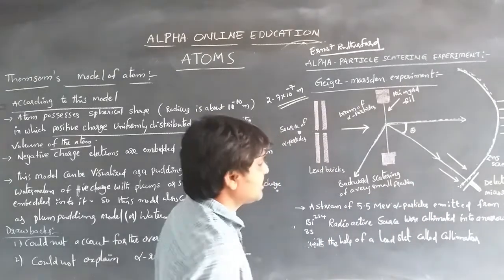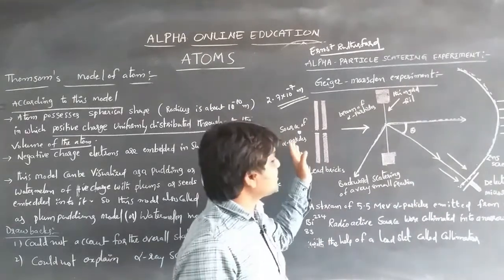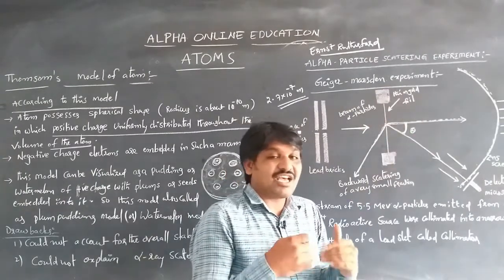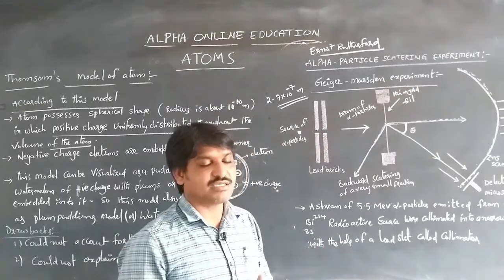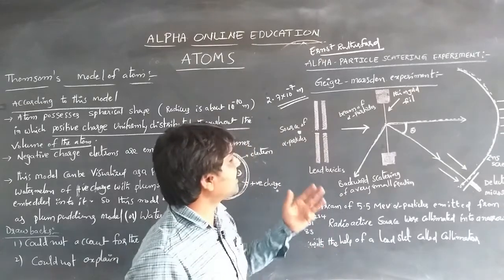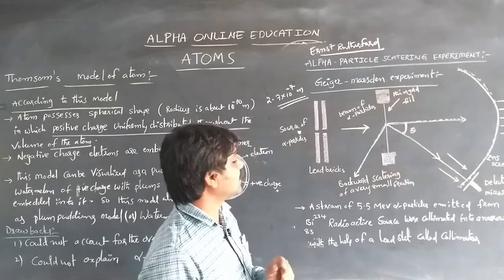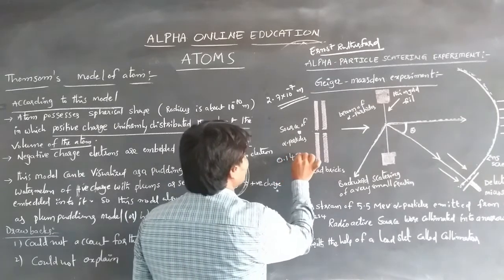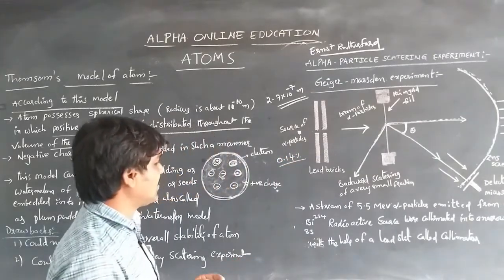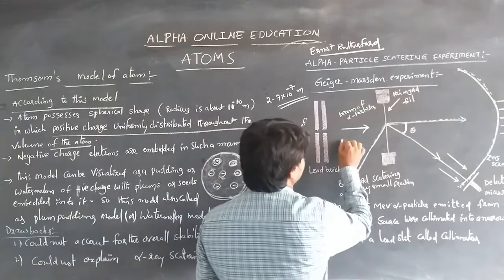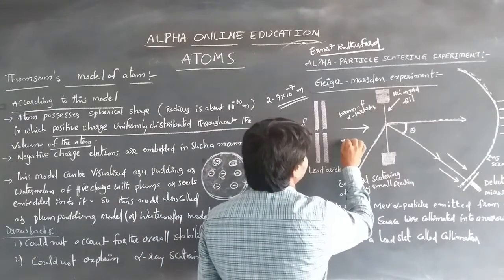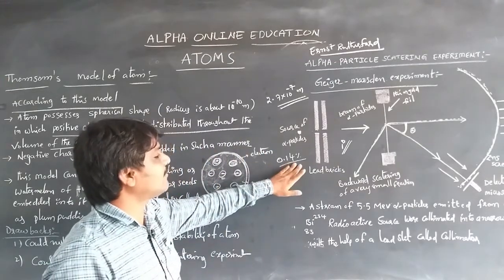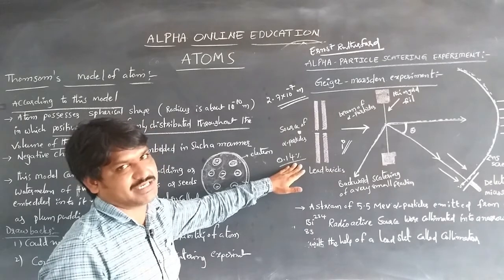Most alpha particles pass straight through the gold foil without suffering any collisions with gold atoms, but only about 0.14% of the alpha particles are scattered by more than 1 degree.